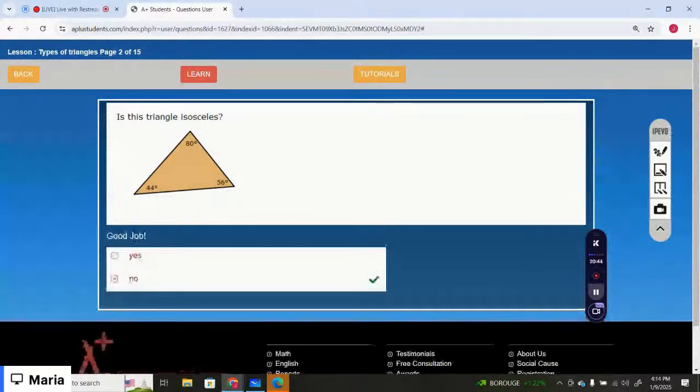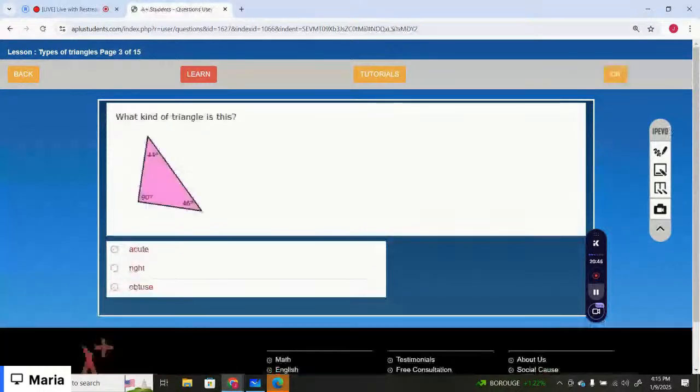The next one is, what kind of triangle is this? Acute, right, obtuse, which is the correct option?